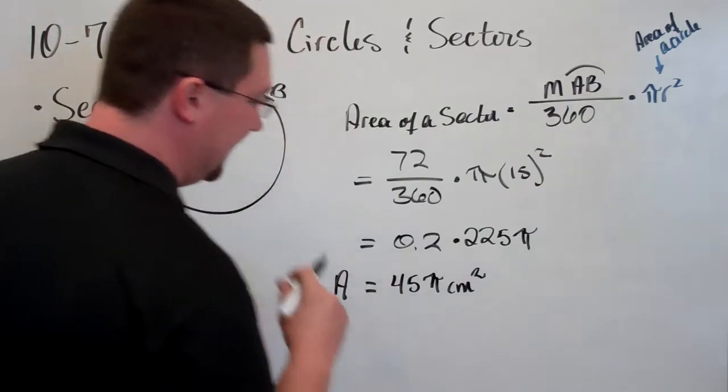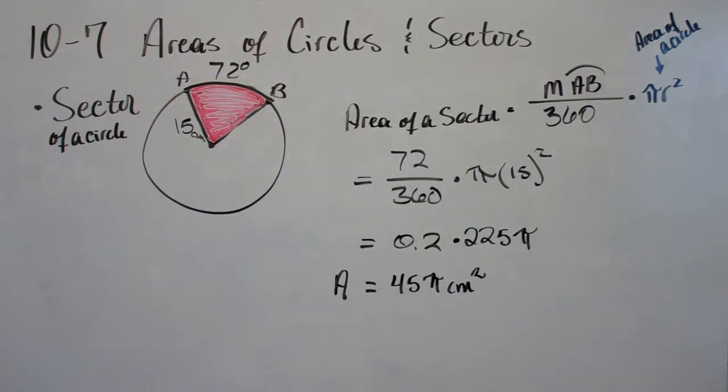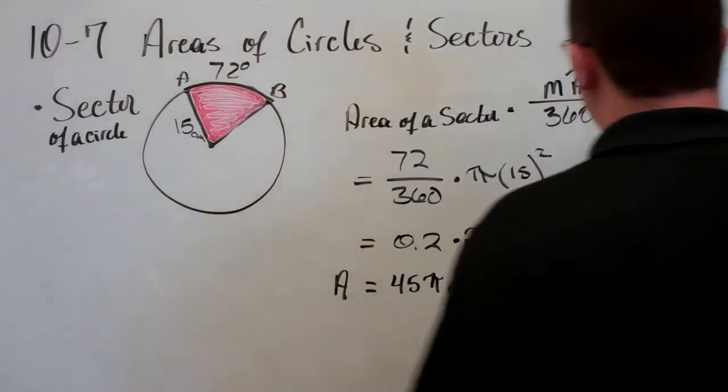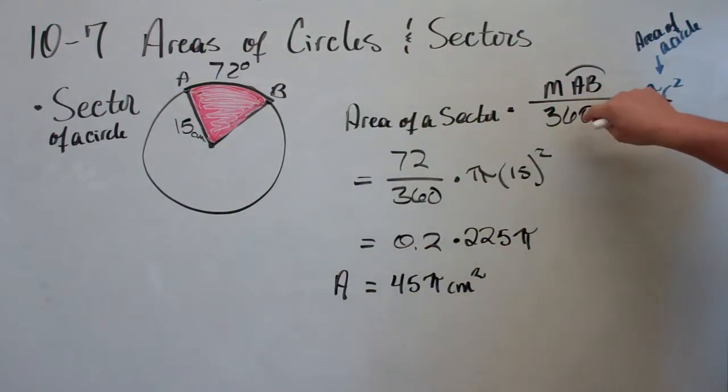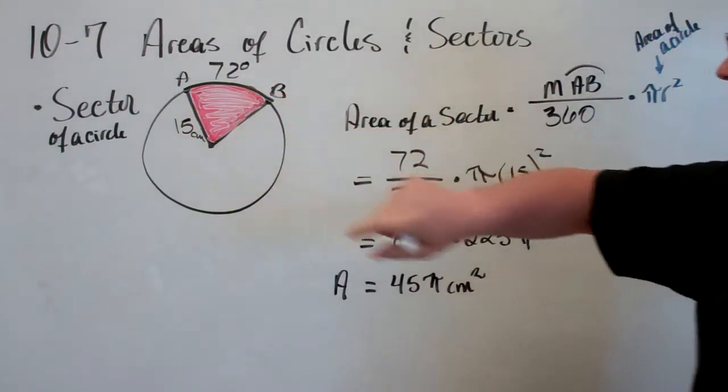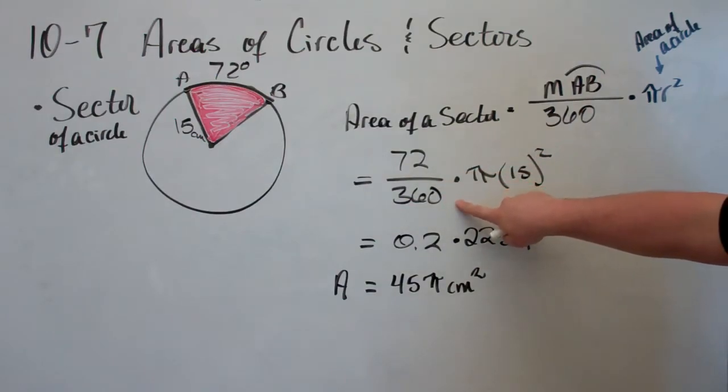Remember, area is always units squared. Regardless of what you find the area of, it's always units squared. So just to review this, measure of the arc divided by 360. The measure of our arc is 72 degrees. We divide it by 360.